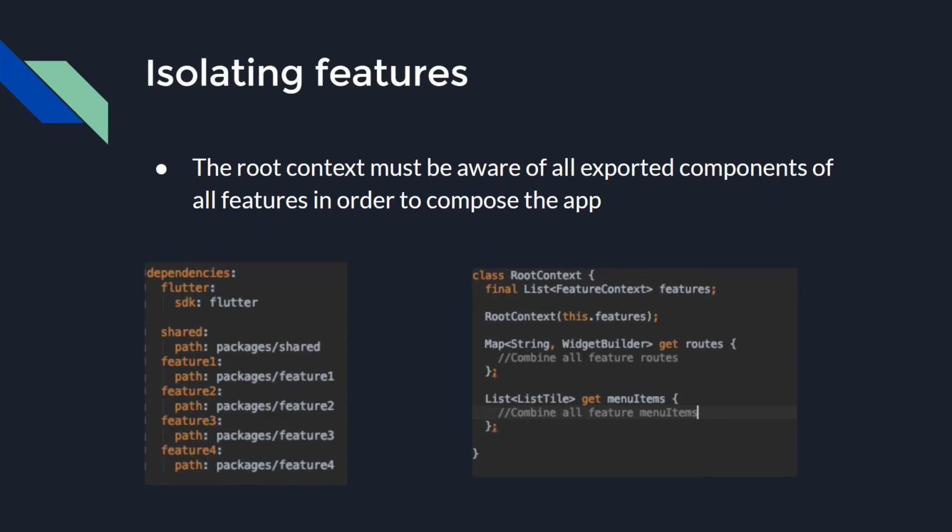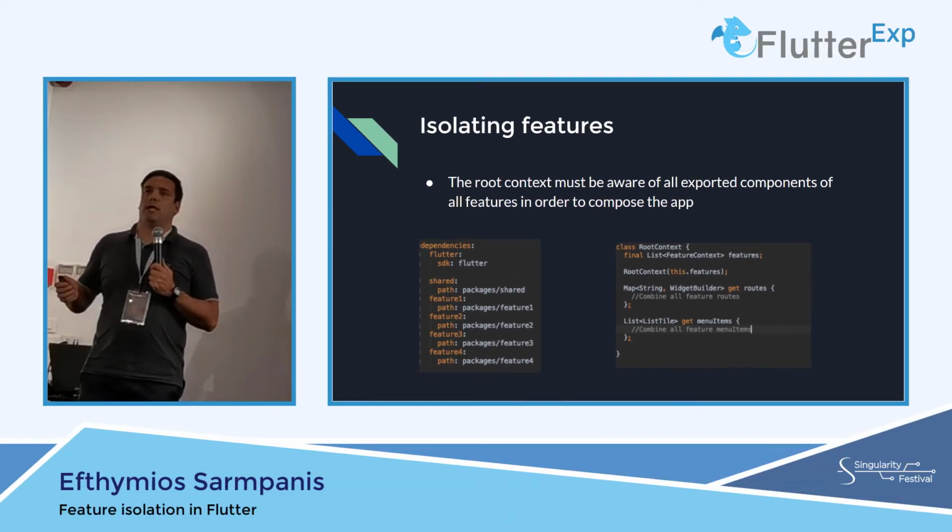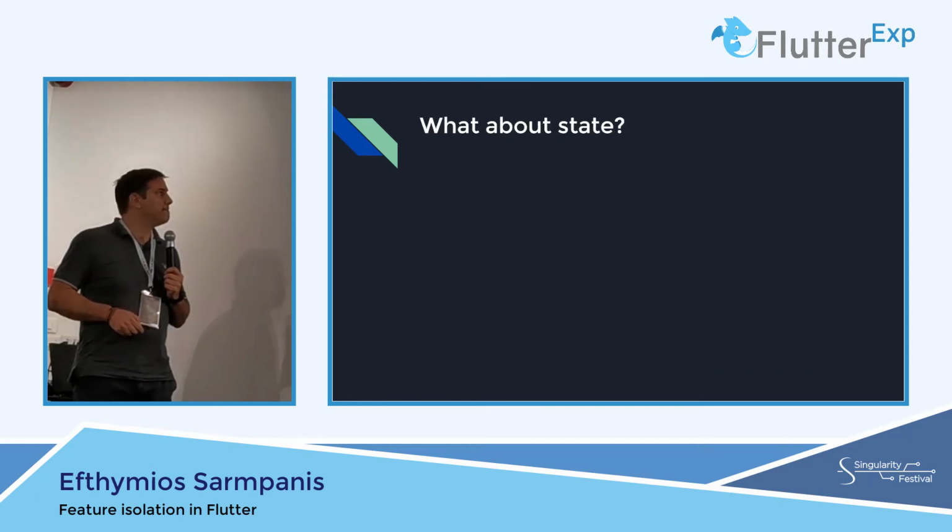And then we expose the exact same things that every feature does. So now we combine all the routes of all the features into a single map, and we put that map into the MaterialApp, and now we have navigation. Again, for menu items, we combine all the menu items that are exported from our features, and we create the drawer with the menu items there.